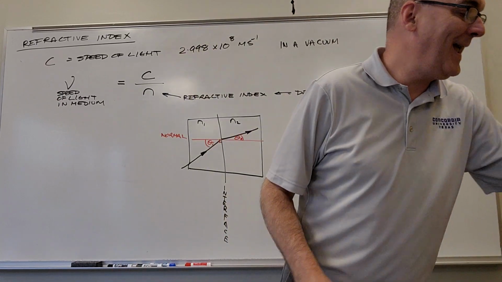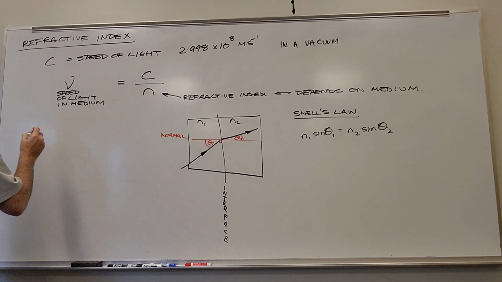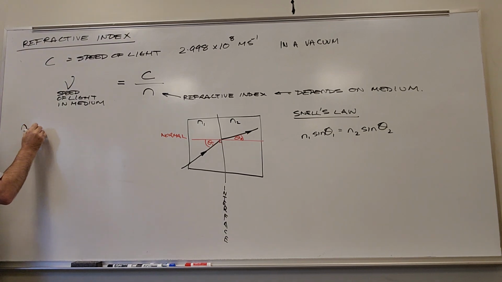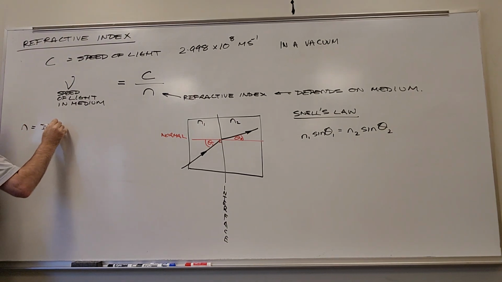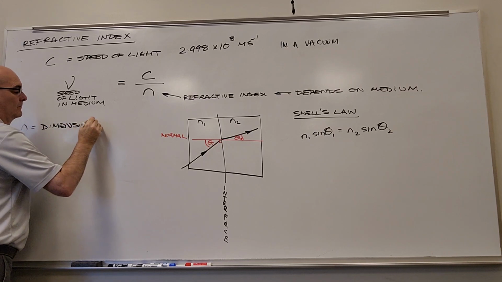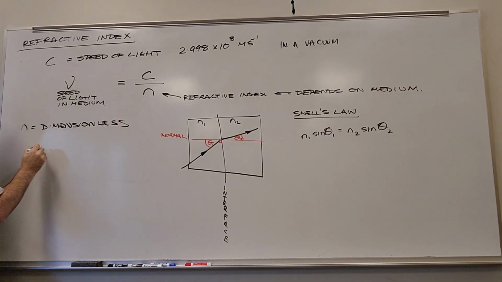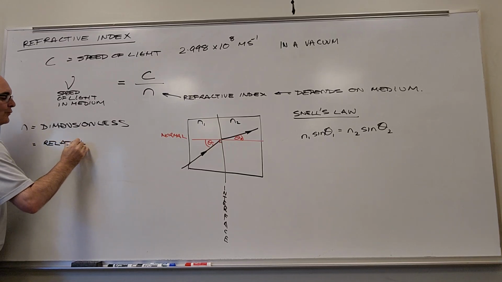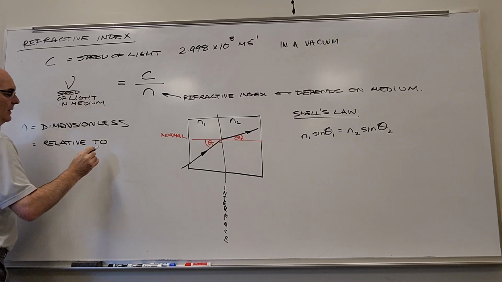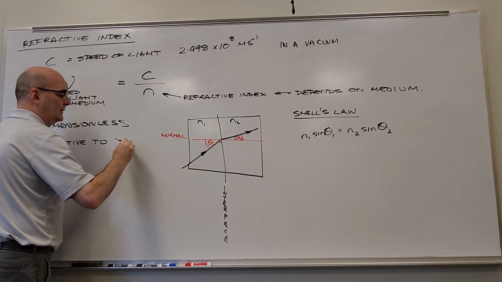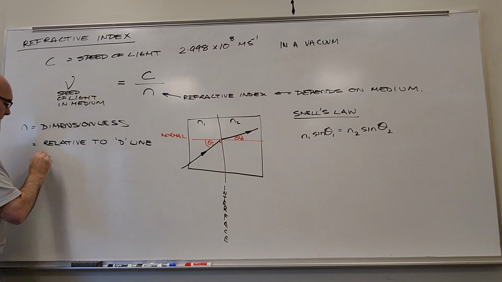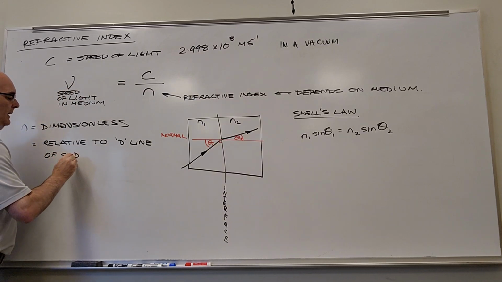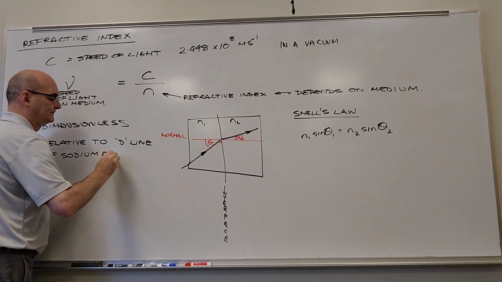Okay, a couple of things about N. N has no units. It is usually measured relative to what we call the D line in the sodium emission spectrum.